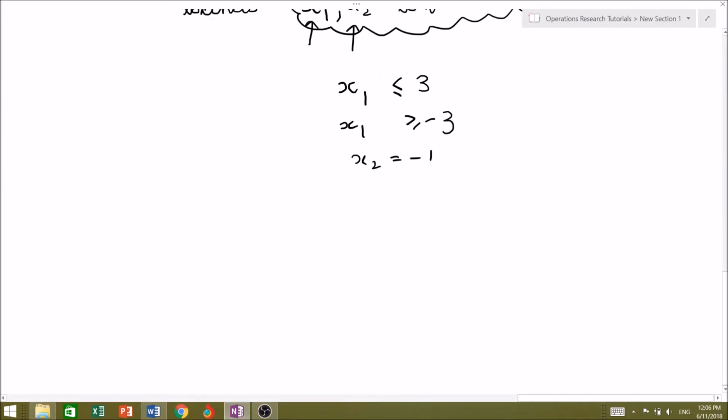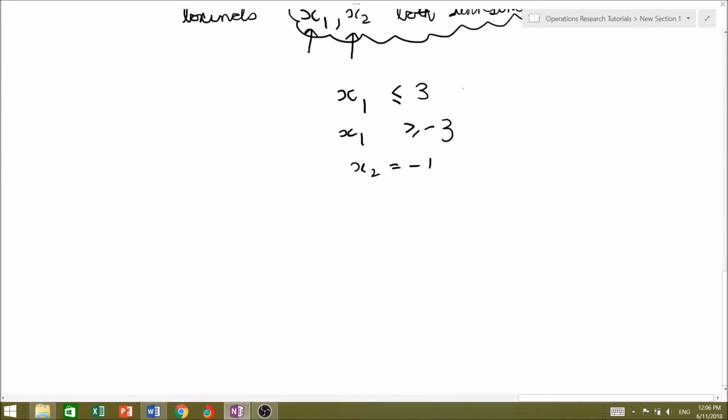So how would we transform these two variables, x1 and x2, given that we know that they are unrestricted? Well, we're going to simply say that x1 prime minus x1 prime prime is set equal to x1, and x2 prime minus x2 prime prime is set equal to x2.